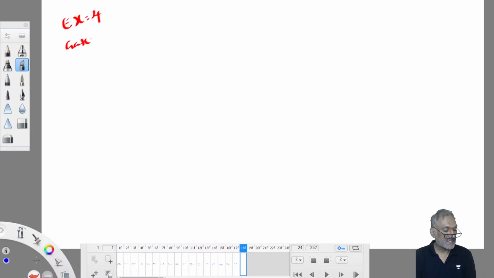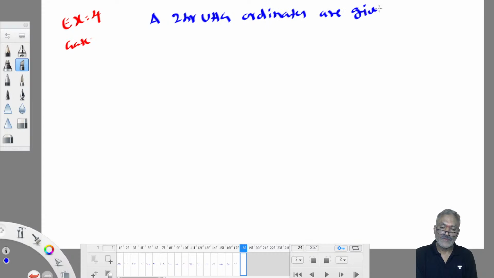So what is given to you is a two-hour unit hydrograph whose ordinates are given below.